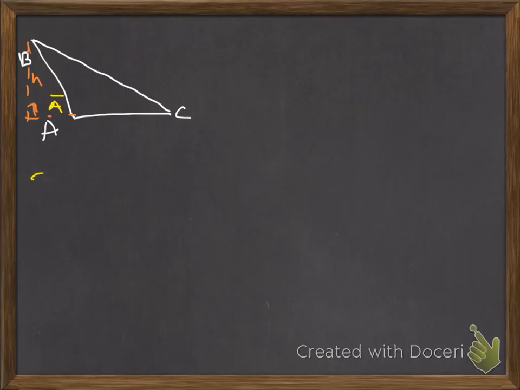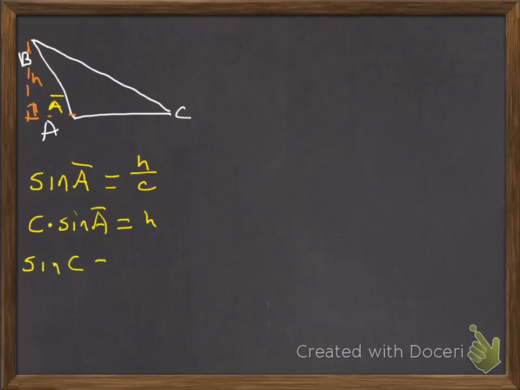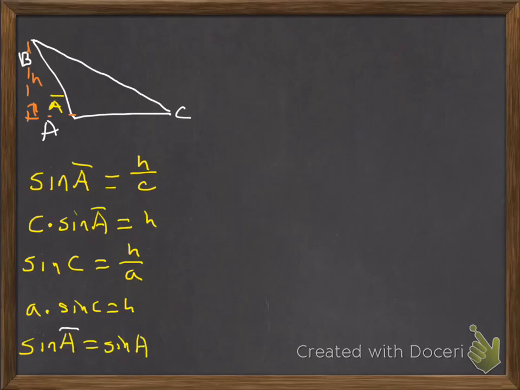Alright, so the sine of A bar is equal to H over C. That's your height over your hypotenuse, which is C. So then C times sine of A bar is going to be equal to H. Now we're treating this whole thing as our big right triangle, and the sine of C is going to be equal to H over A. A was our hypotenuse, so multiply both sides by A: A sine C equals H.